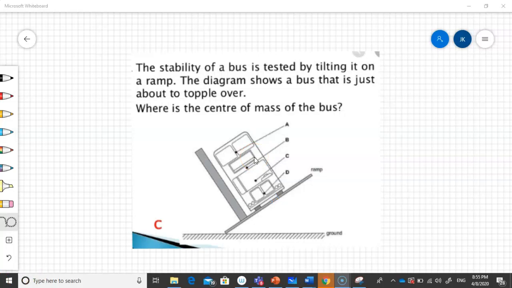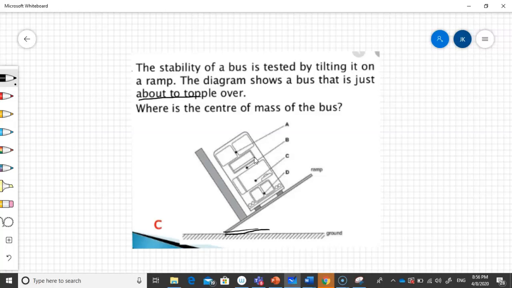Here in this question, the stability of a bus is tested by tilting it on a ramp. The diagram shows a bus that is just about to topple over. So if you draw, here is a base.